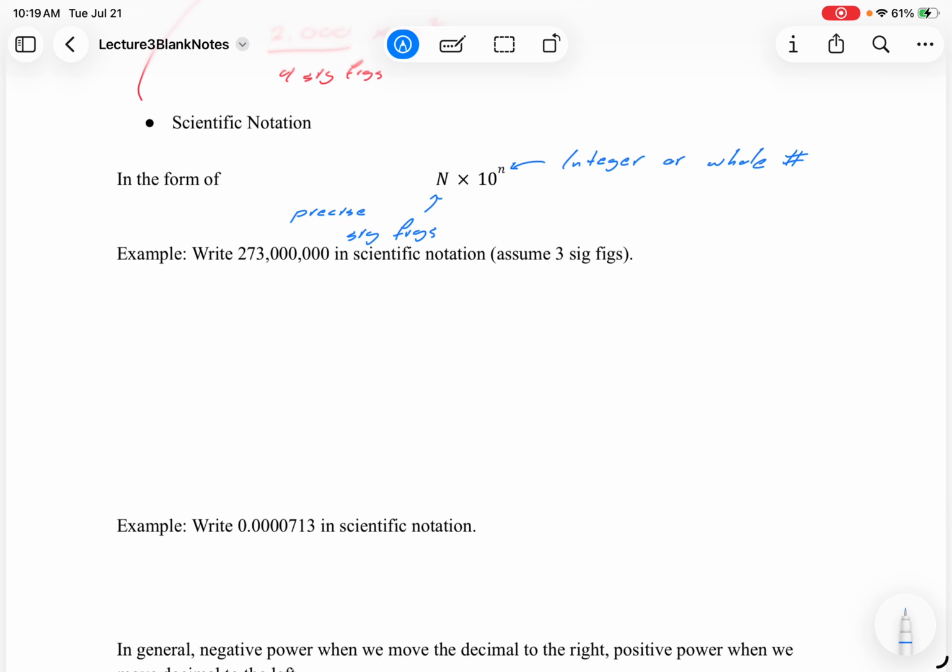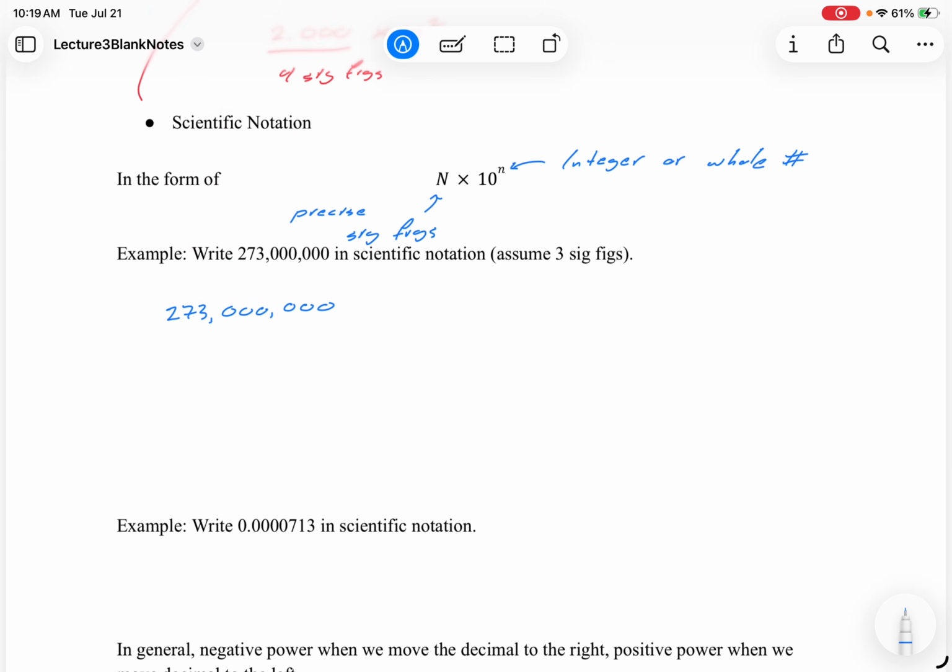Write 273 million in scientific notation and assume we have 3 significant figures. So we are given the sig figs, so we're going to have to write this in 3 sig figs. We're not given a decimal point, but we are given the sig figs, so we can write this in scientific notation. So we have 273 million.